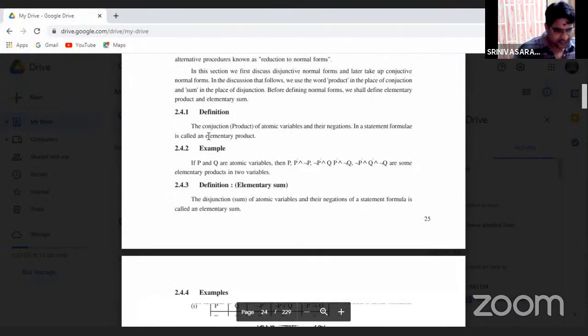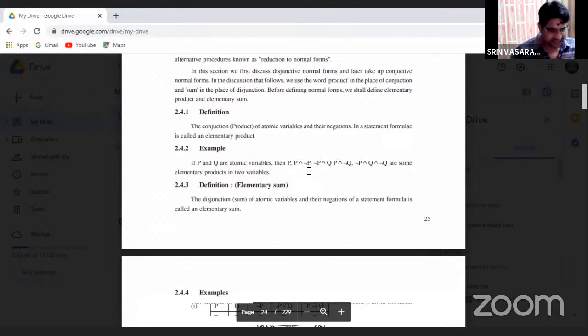Now, according to the elementary product, we define the product in two variables, the representation between these atomic variables. Here is an example of elementary product. Suppose P and Q are atomic variables, then P is one of the statements.